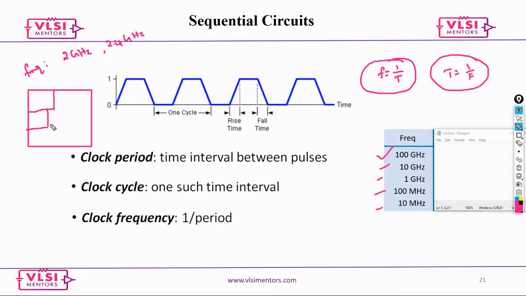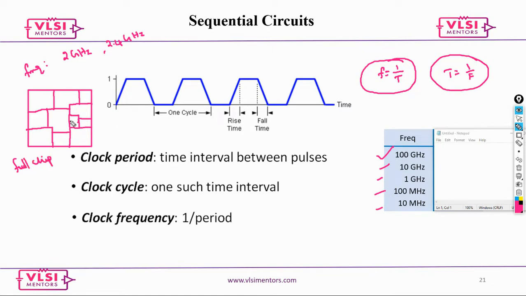Your full chip would be divided into smaller ones like this, which are known as blocks. So this is kind of your full chip.